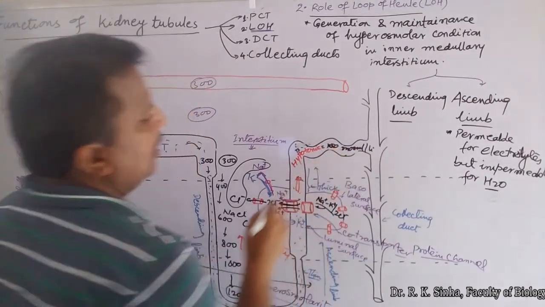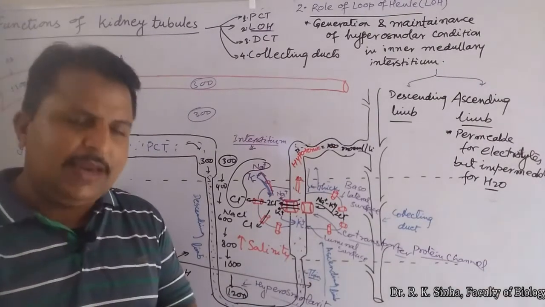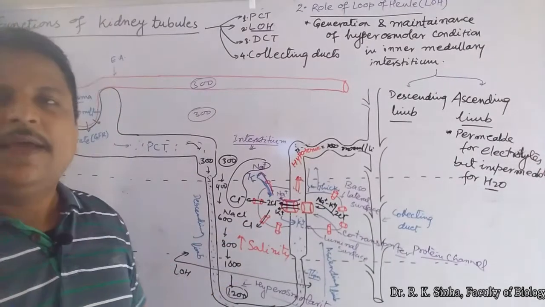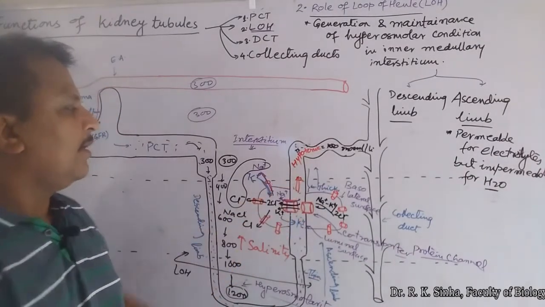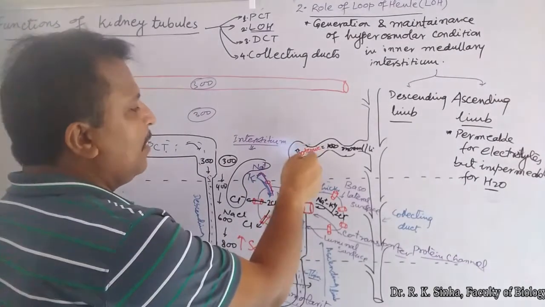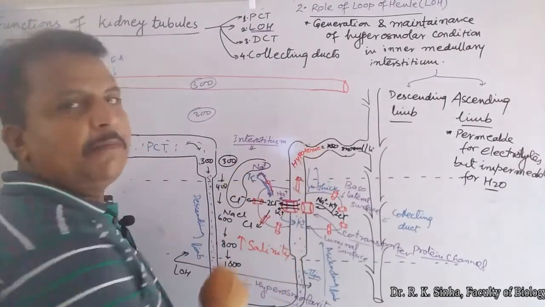It will turn to 100 milliosmol per liter. There is a very low concentration of solute in this ascending limb of the loop of Henle, especially in the anterior part of the DCT, meaning the proximal part of the DCT.